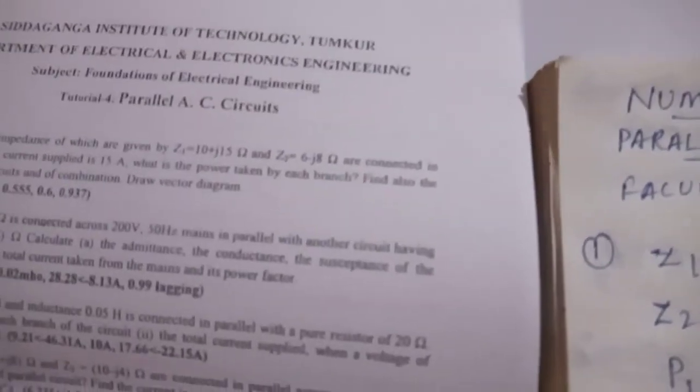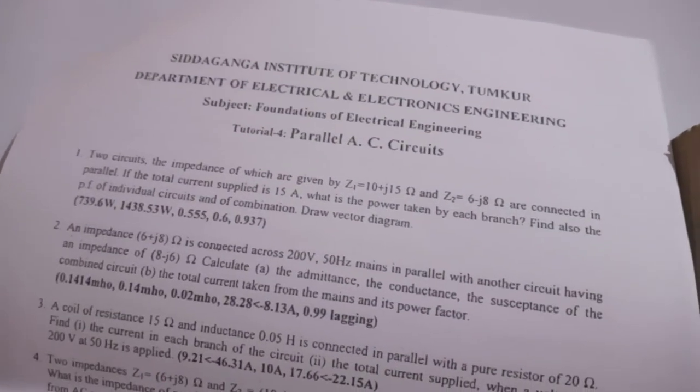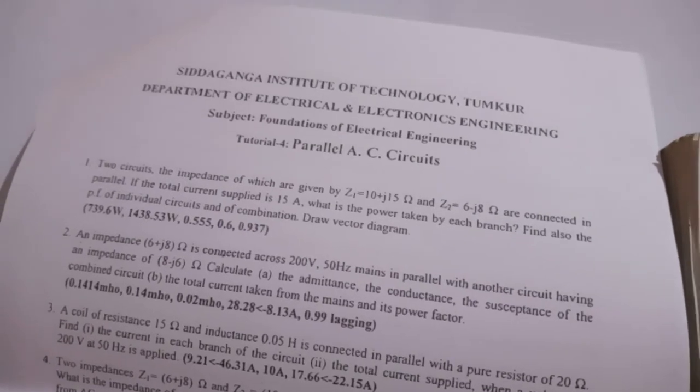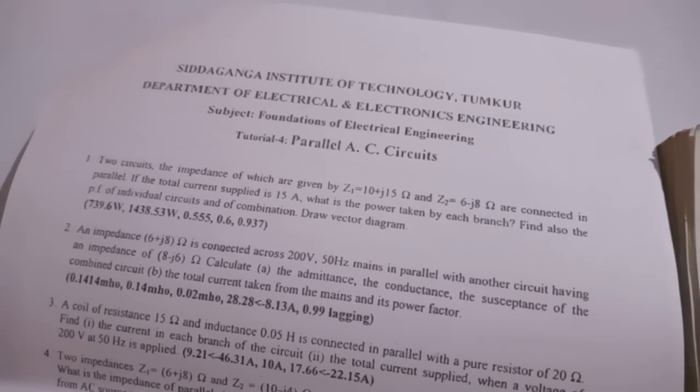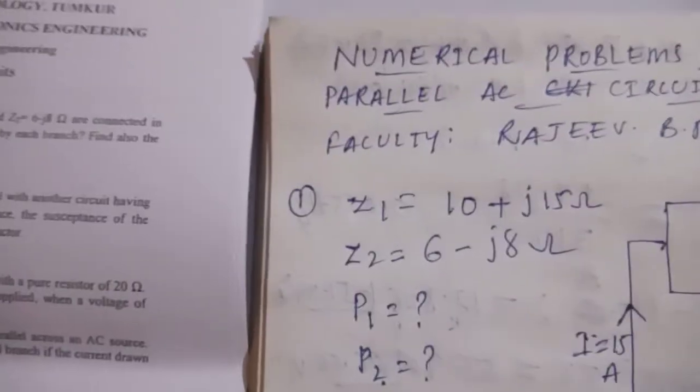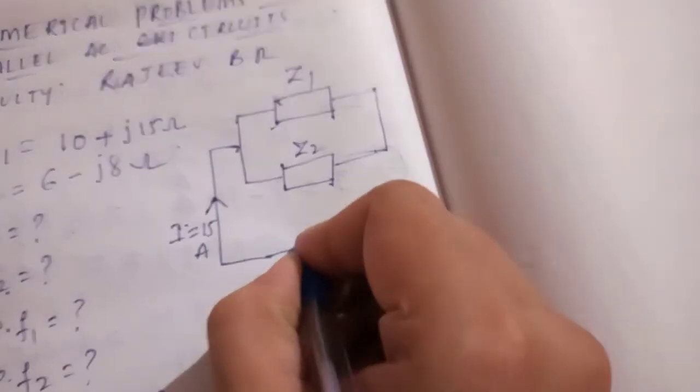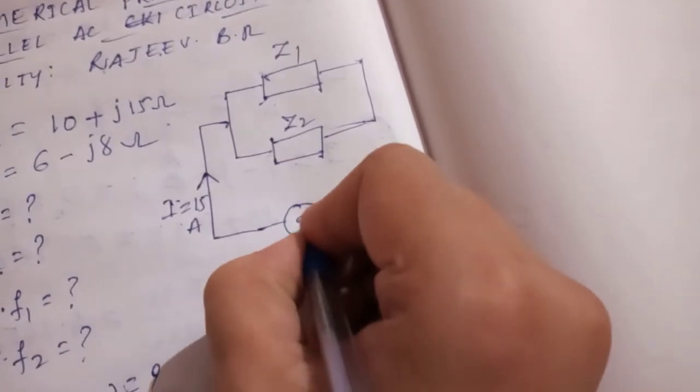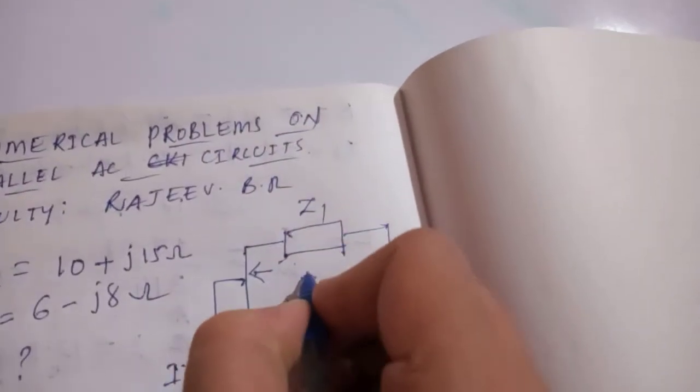So Z1 and Z2 are connected in parallel. If the total current supplied is 15 amps, they have given the total current. It is connected to a source of some voltage, say V. What are the individual voltages?